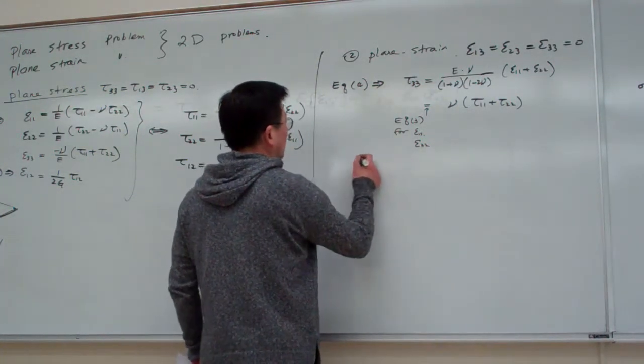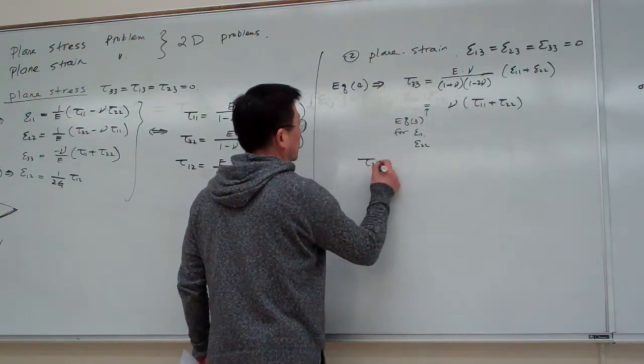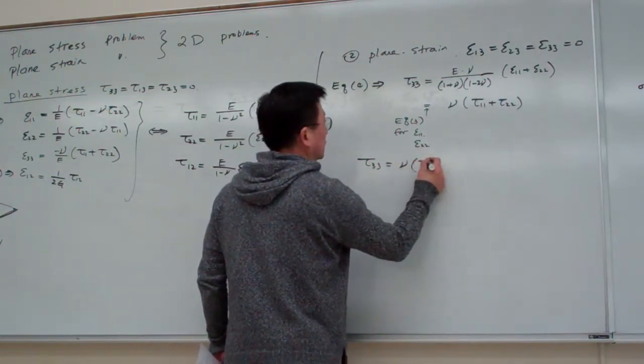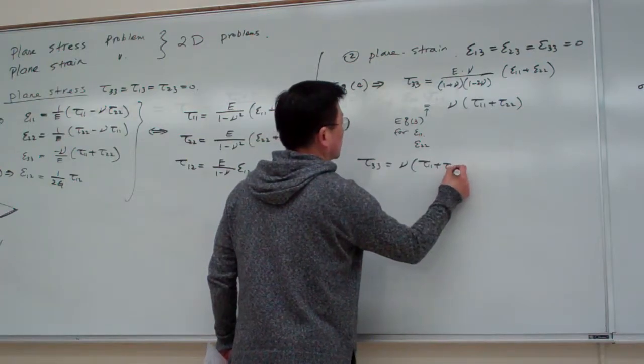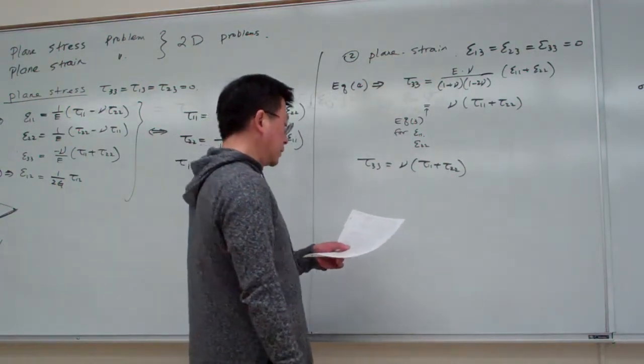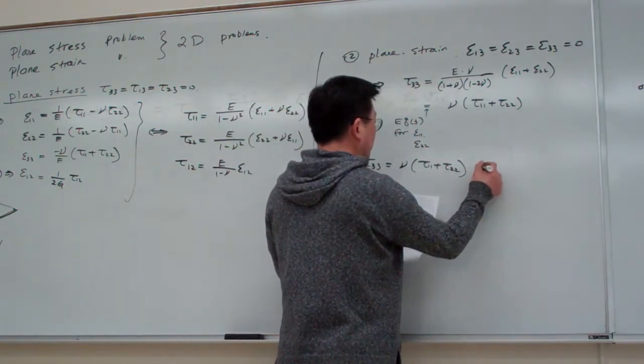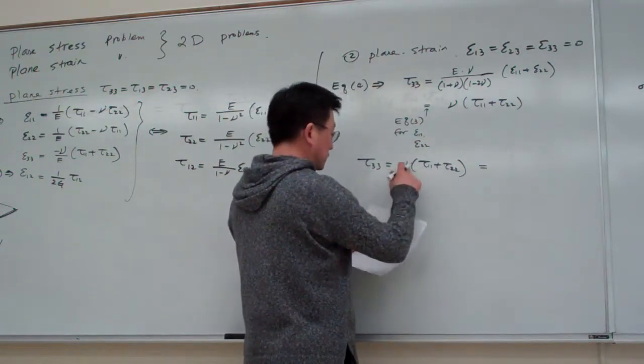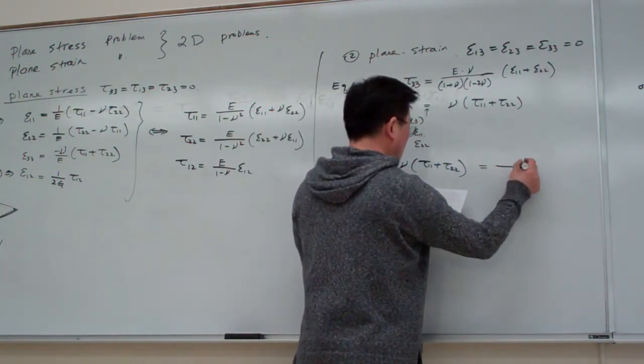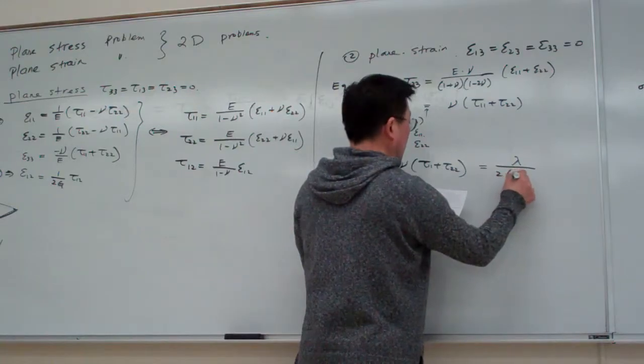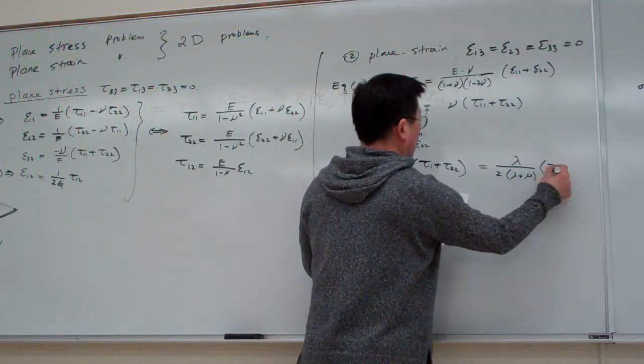Let me rewrite this one. Tau 33 equals nu times tau 11 plus tau 22. And here, allowing me to use elastic notation for nu, that is also equal to lambda over lambda plus mu, times tau 11 plus tau 22.